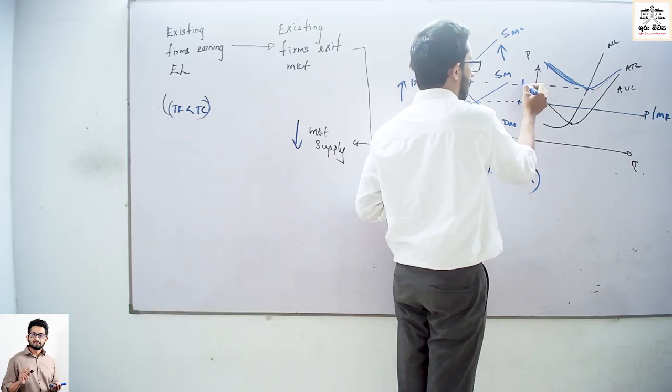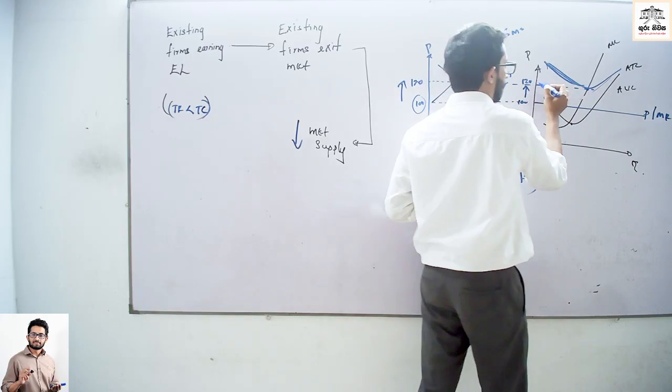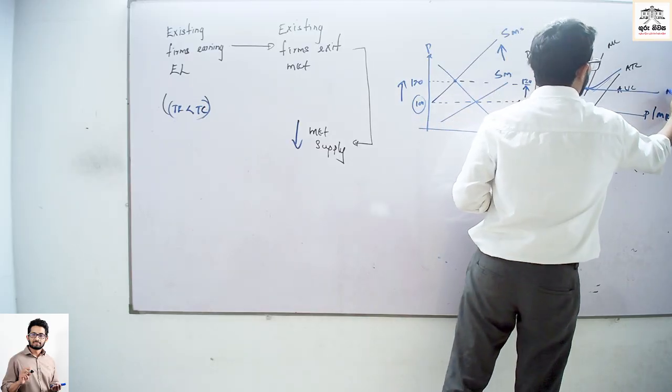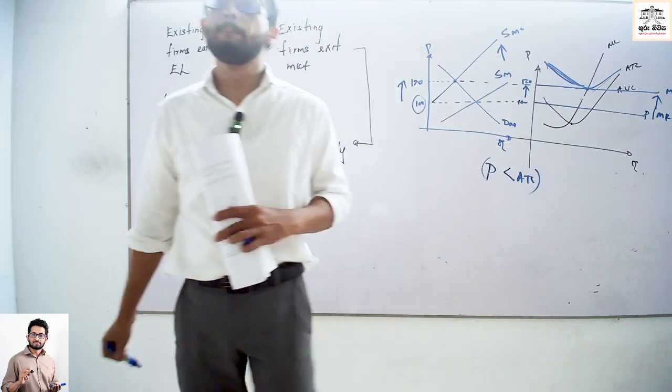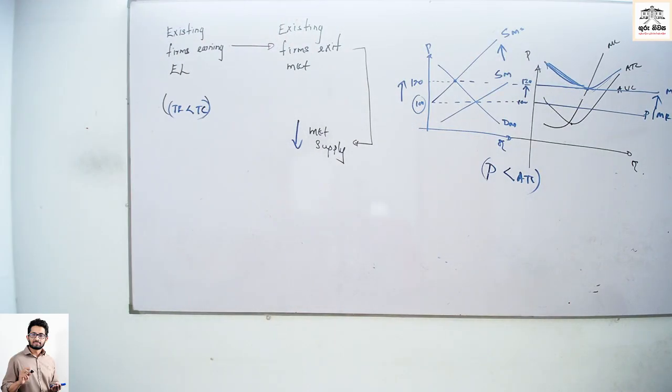When the market price is 120 rupees, MR, or the price of the product, increases up to 120, making normal profit for the firm. You get what I said? That economic losses gradually disappear, and finally the firm will end up earning normal profit. Not more than that, normal profit.